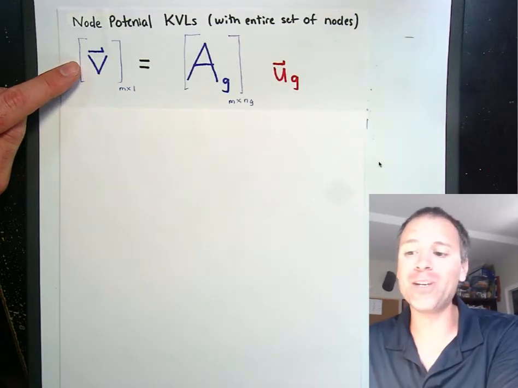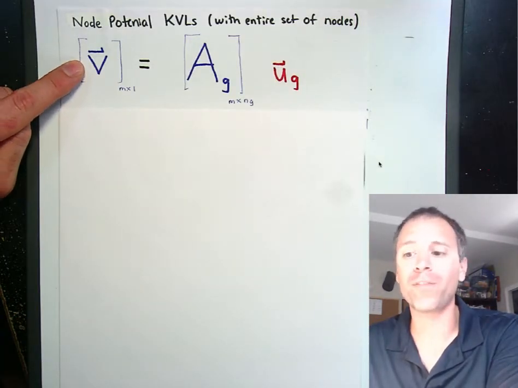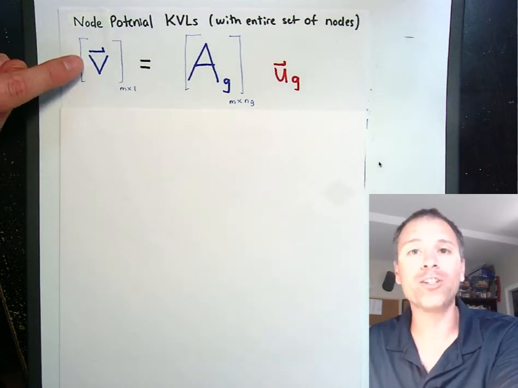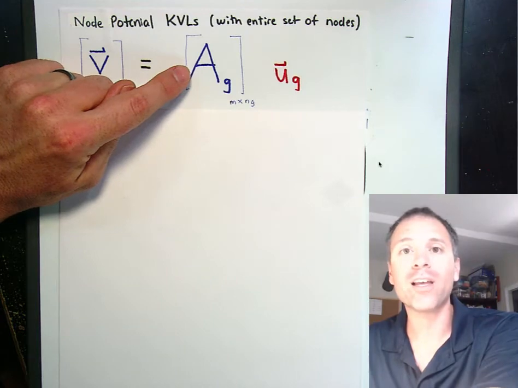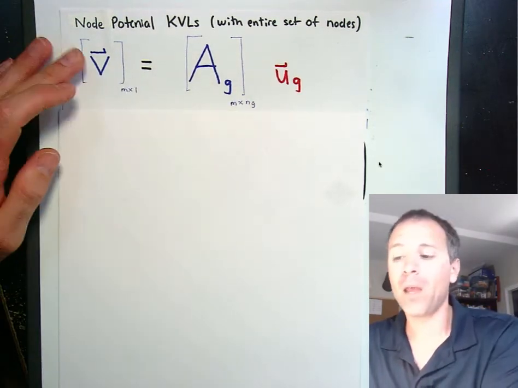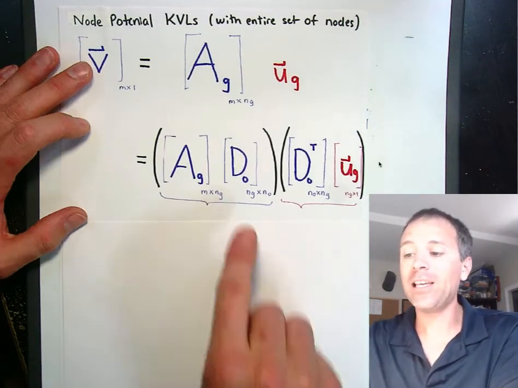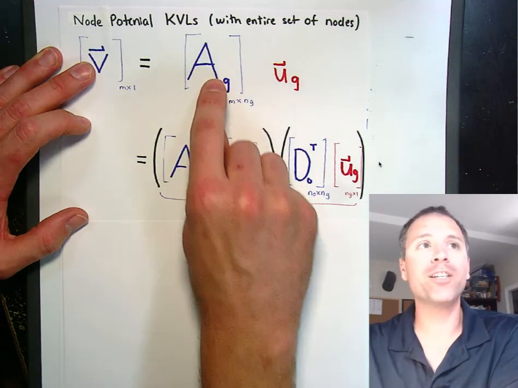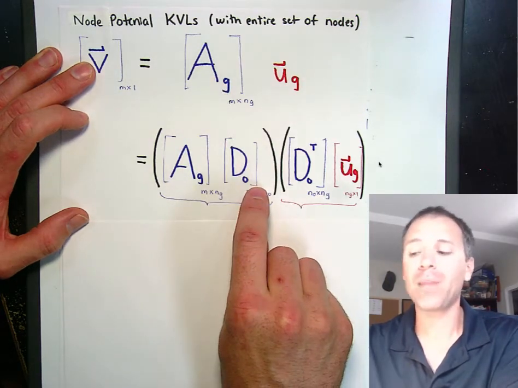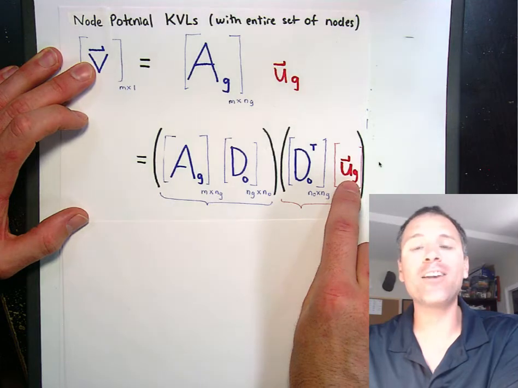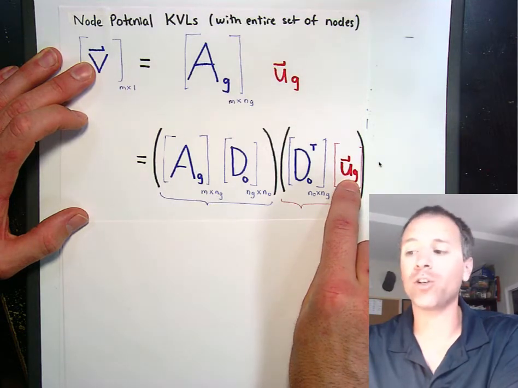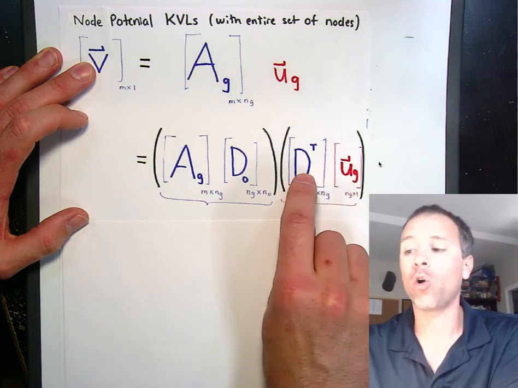Remember in step 5a, we said that that node potential form of KVLs could be stated as the voltage drop across all elements in my circuit is the incidence matrix times the node potential vector. But we now can delete the column of our incidence matrix corresponding to ground. And then we can also delete the entry of our entire node potential vector corresponding to ground.